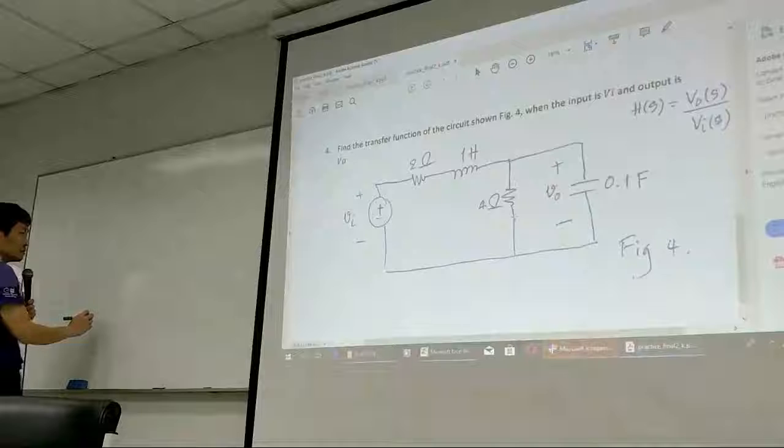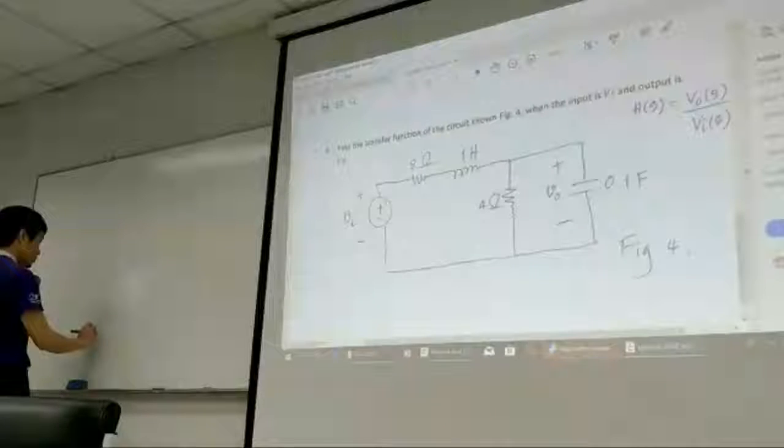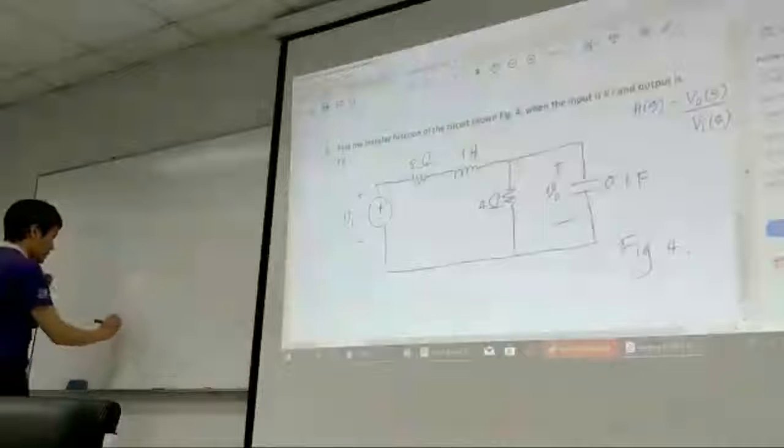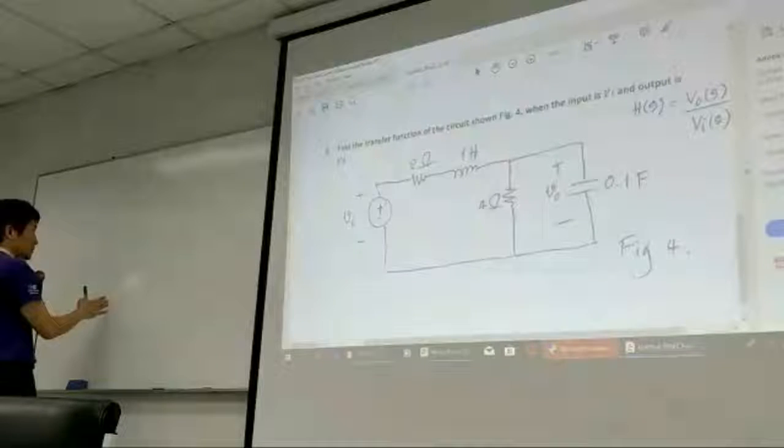So let's leave V input on this side, and I'm going to move V0(s) divided by S plus 2 to this side.